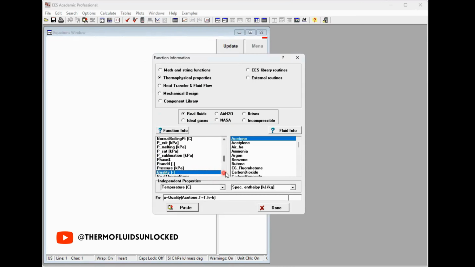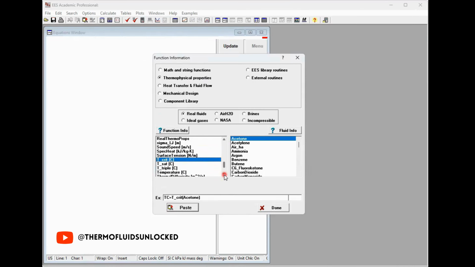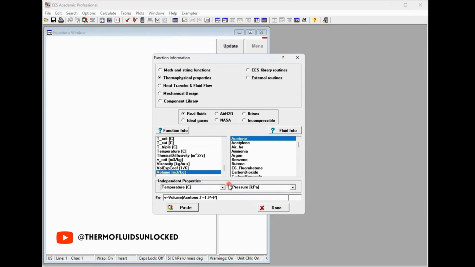It has quality, which is basically, in a saturated mixture, the mass of the vapor compared to the total mass. Or it has T critical, which is the critical temperature. We have Tsat, and we have the triple point temperature. All of these are well known on the PVT surfaces of a pure substance, and we also have volume.